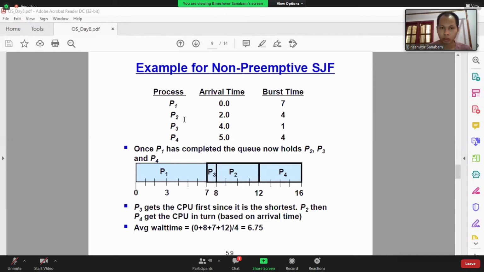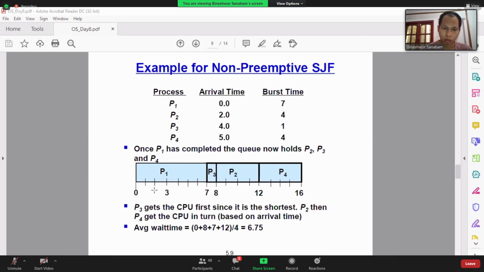Here we are discussing non-preemptive, meaning no interruption. So even though the second one has the least burst time, the CPU won't be free until the process P1 is completed.